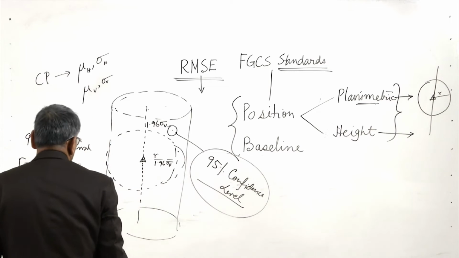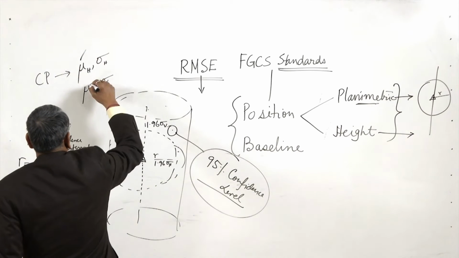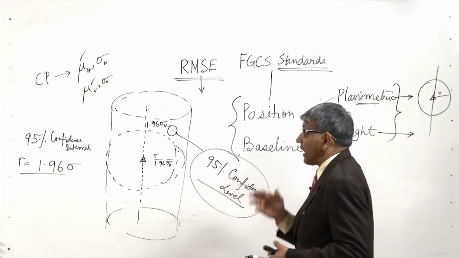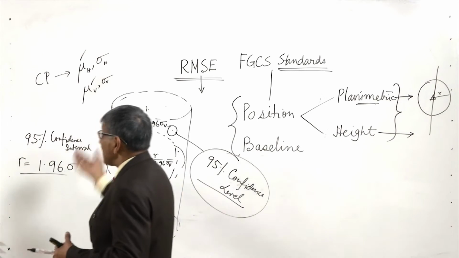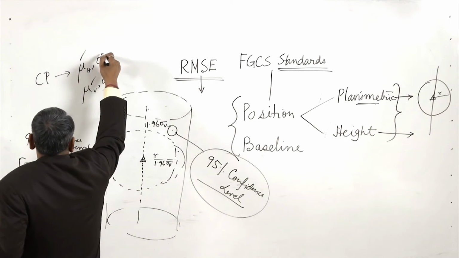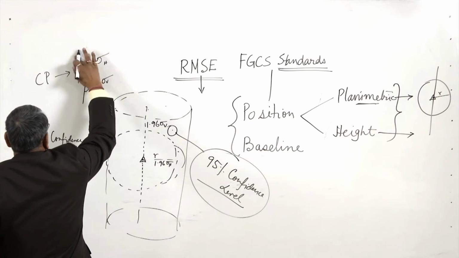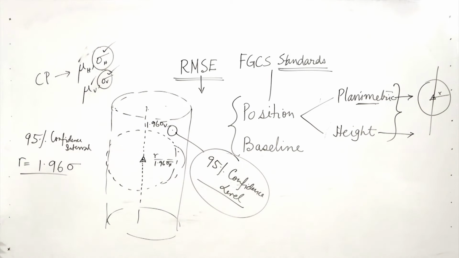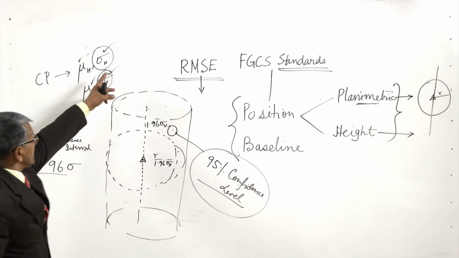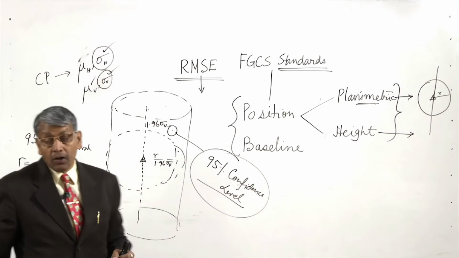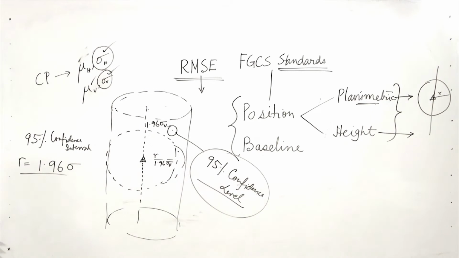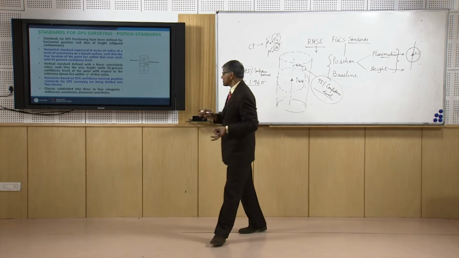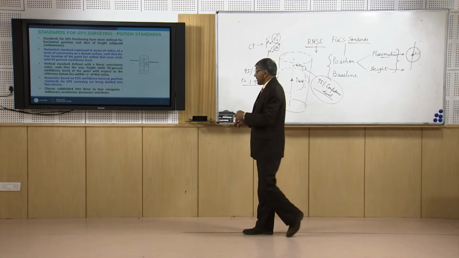Now the value of sigma, sorry not mu but sigma, may be of different amounts, and depending upon this value, this is the root mean square error, we can divide the different standards into 4 classes: millimeter, centimeter, decimeter, meter.